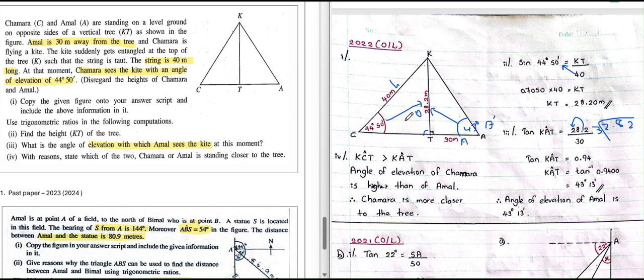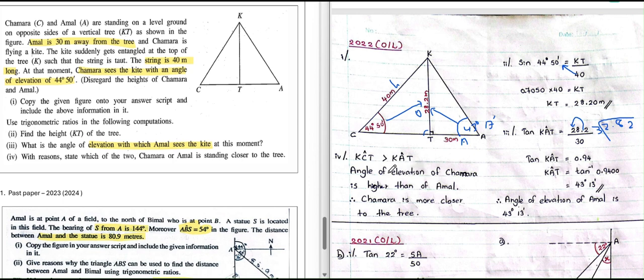By looking at these two angles, we can conclude who is the closest one. Why? Normally, when we are looking at something very close, we have to look up more than when we are looking at something at a long distance, right? Now you can see the angle of Chamara is higher than the angle of Amal. More closer means the angle is higher, right? Since the angle of Chamara is higher, we can tell Chamara is closer.